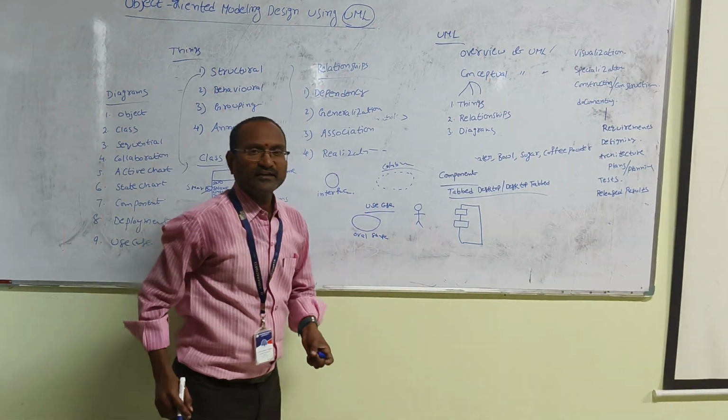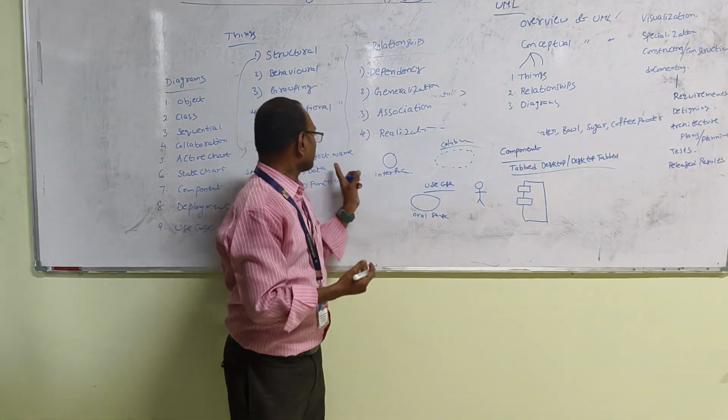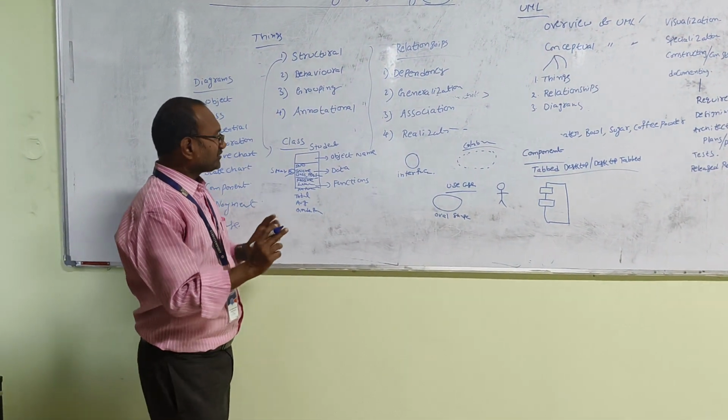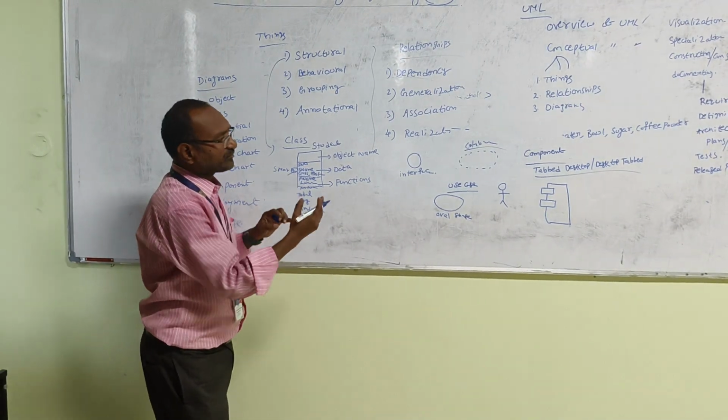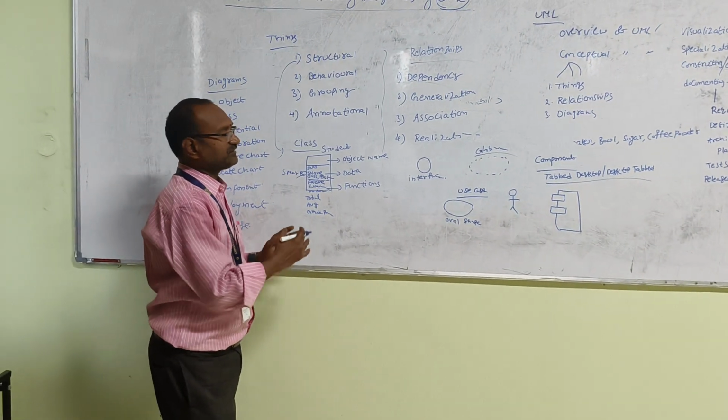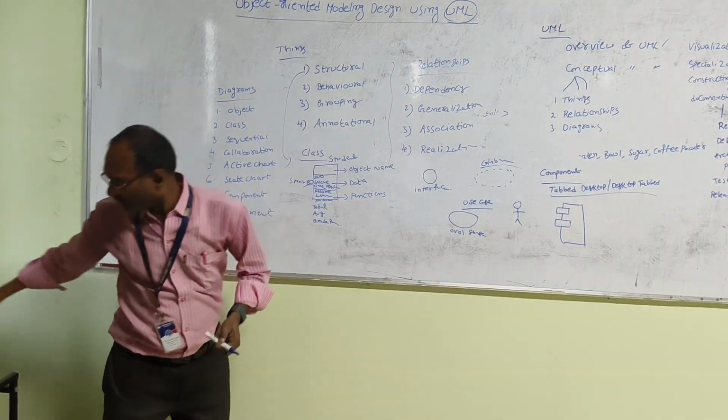This component diagram is an advanced form of the class diagram. The relationship between class and component diagram is an advanced relationship.